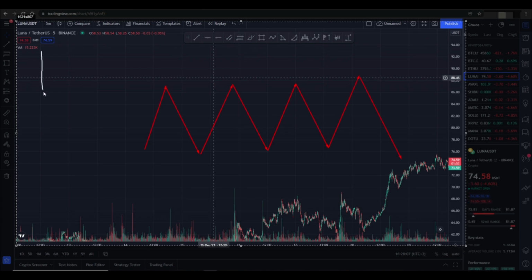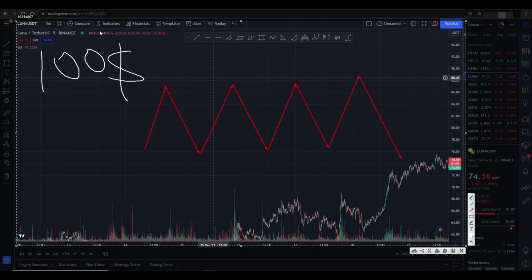Let's say you have $100 and you decided that you want to invest this money into the market. You see that this is a good place to buy, a dip, and say the price here is $100 as well, so our calculation will be simple.